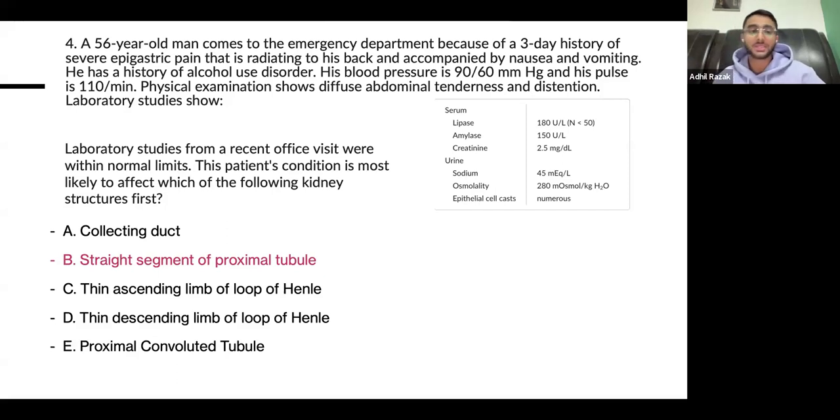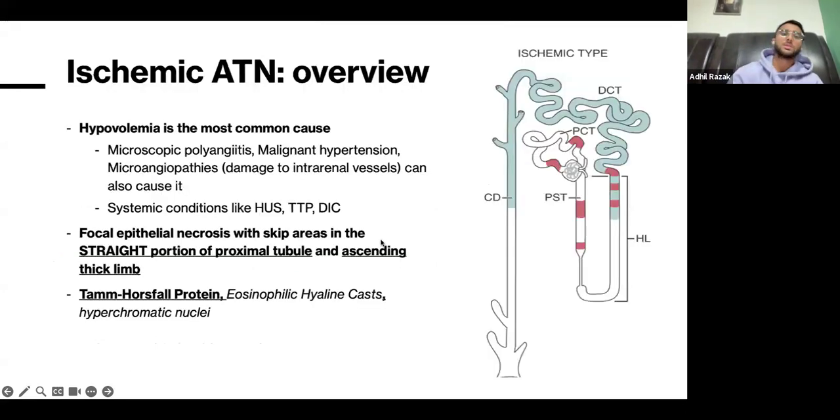Anyways, yes, this patient has ischemic ATN, and his blood pressure is the testimony for that. There is no history of him taking something that could be toxic. If it is toxic, as you mentioned, the answer would be E, the proximal convoluted tubule, which is affected the most, or first.